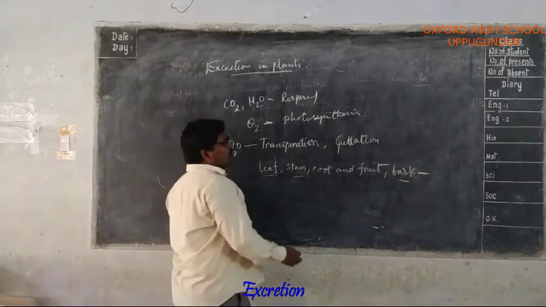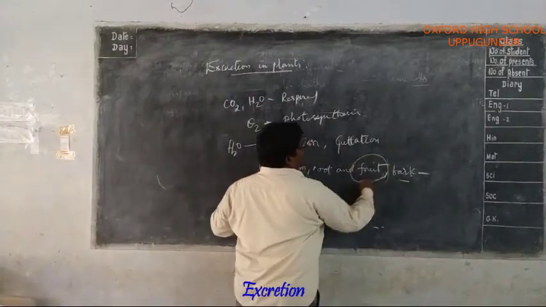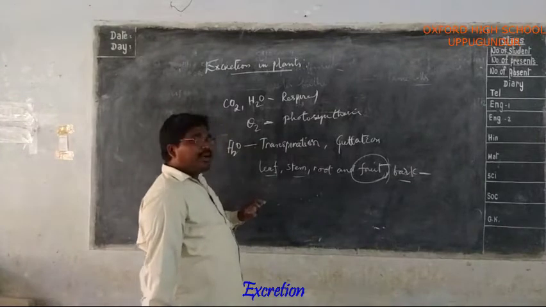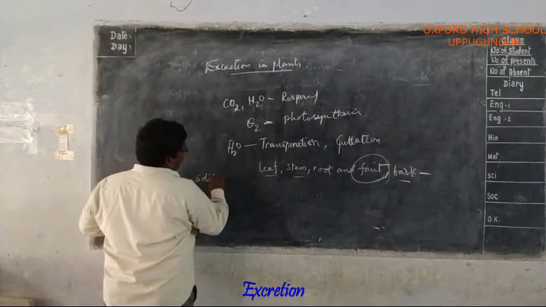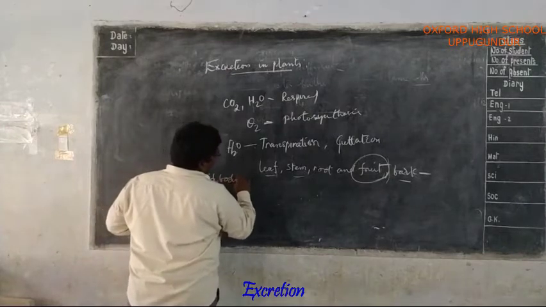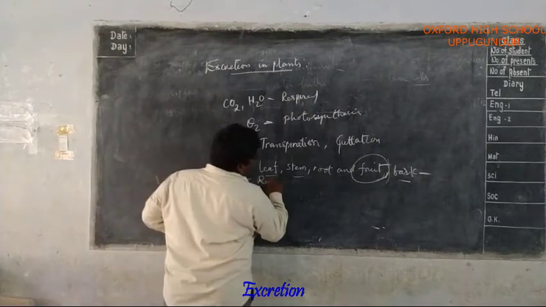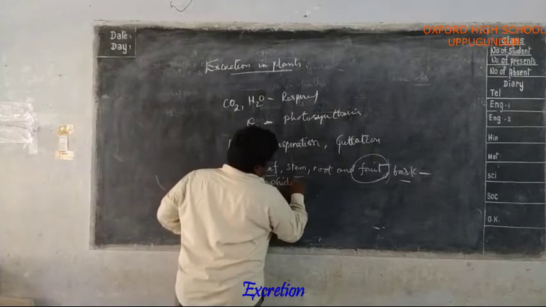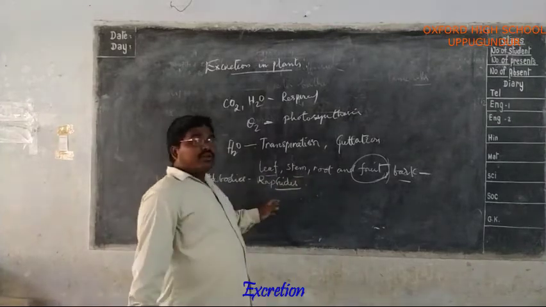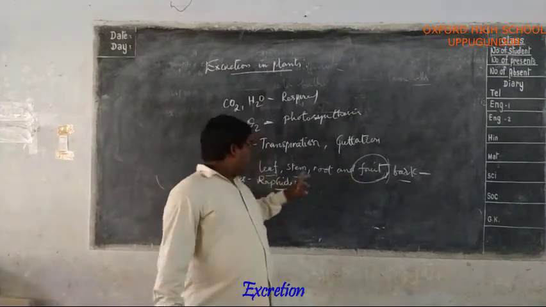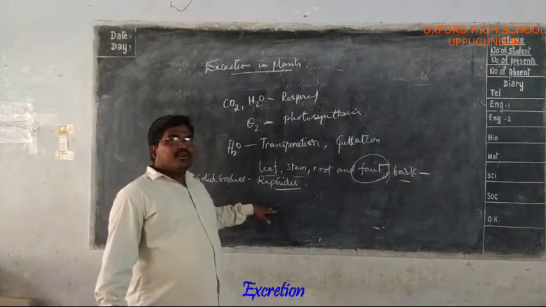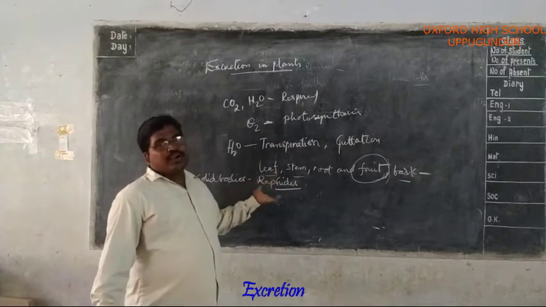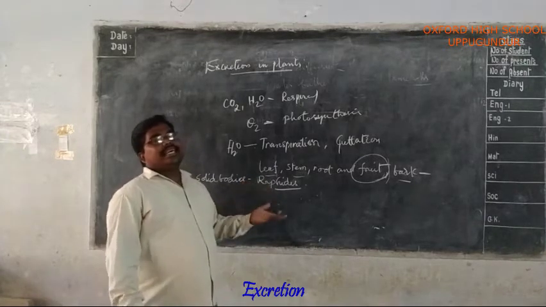Plants store the waste materials in the fruits in the form of solid bodies called raphides. Do you understand this? So when these fruits fall off from the plant, it can get rid of its excess waste.